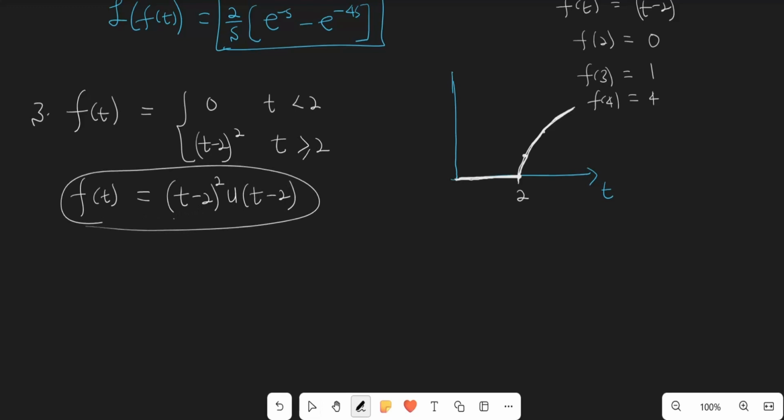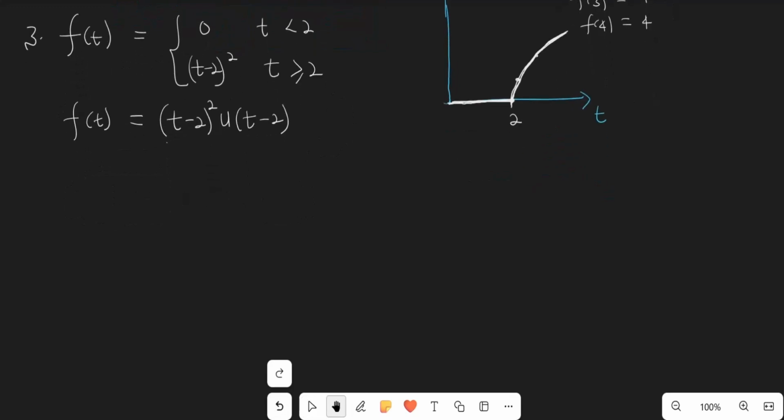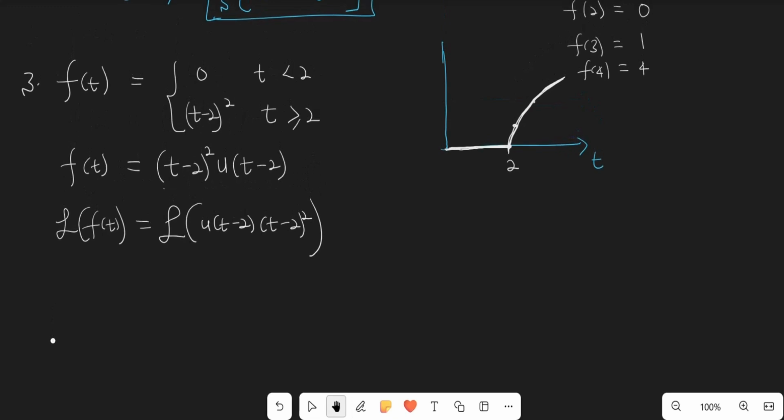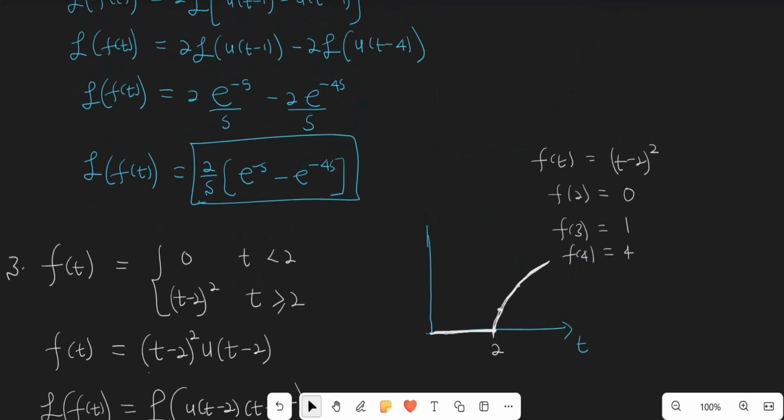This one is the same as this. Alright, so now let's take the Laplace transform. So the Laplace transform of this function f of t is equal to the Laplace transform of u of t minus 2 multiplied by t minus 2 all squared. Cool. So now we are going to use the second one, right?